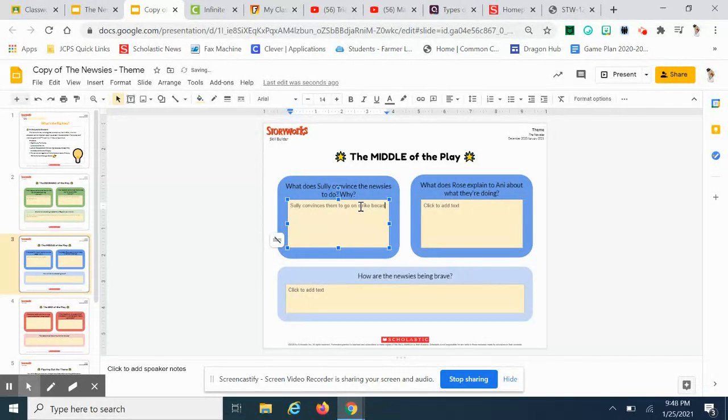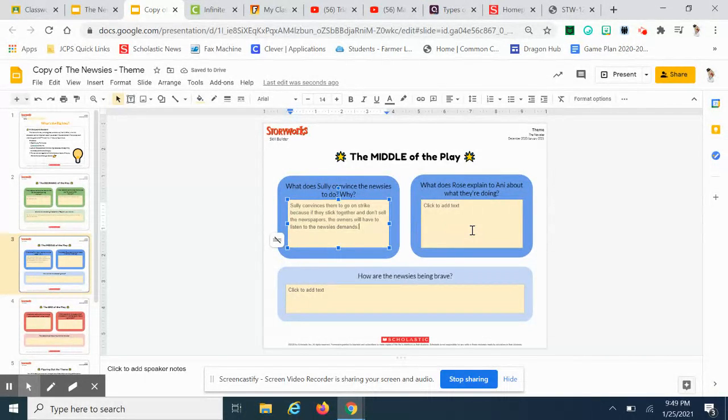because if they stick together and don't sell the newspapers, the owners of the newspaper will have to listen to the Newsies' demands.